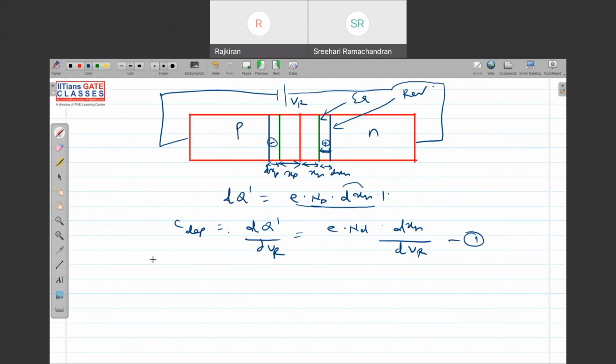So now we know xn equal to root of 2 epsilon (VBI plus VR) by q into NA by ND into 1 by (NA plus ND).